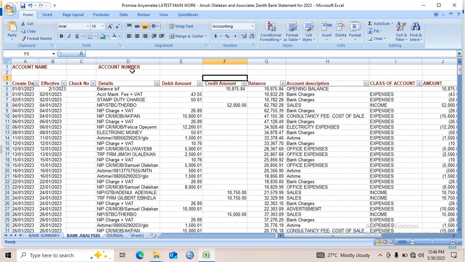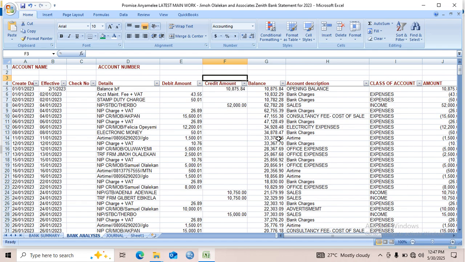When you've gotten the bank statement in Excel format, I'm always stressing this Excel format because if the bank statement is not in Excel format, there will be too much stress and you ask so many questions. So always ask for the bank statement in Excel format.